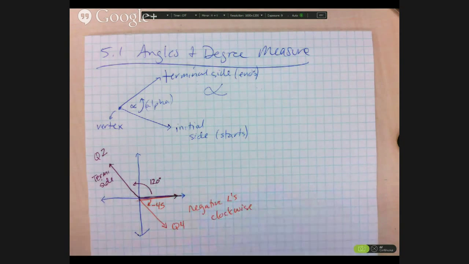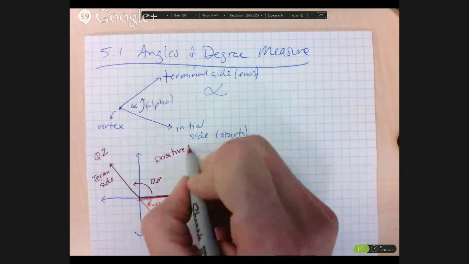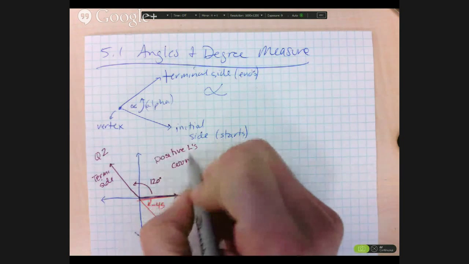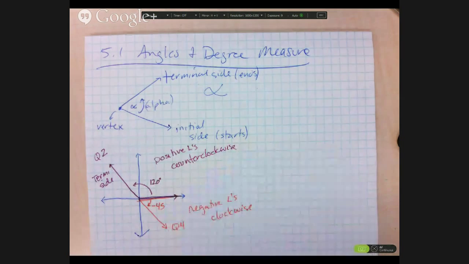Okay, positives go counterclockwise. Think you can handle that? Yeah, we're going to get to that at the end of this week. Not today, but the end of the week.